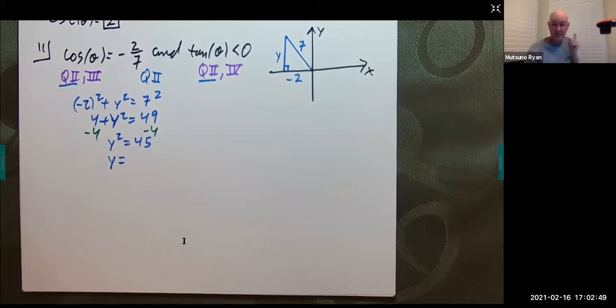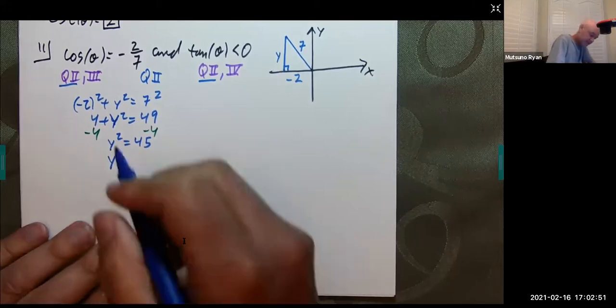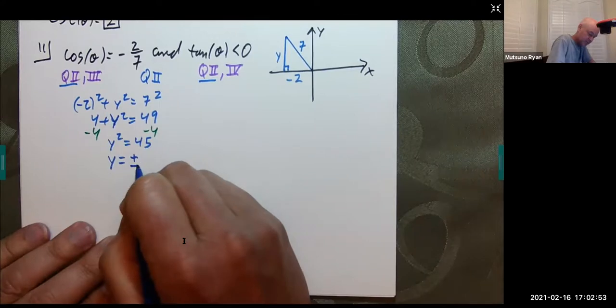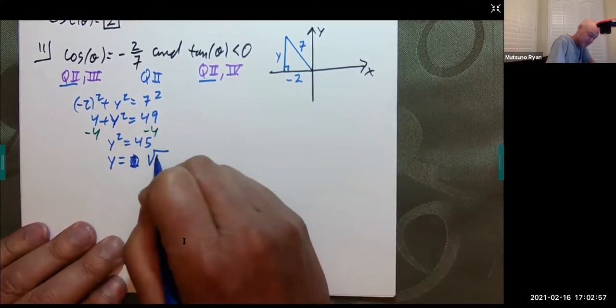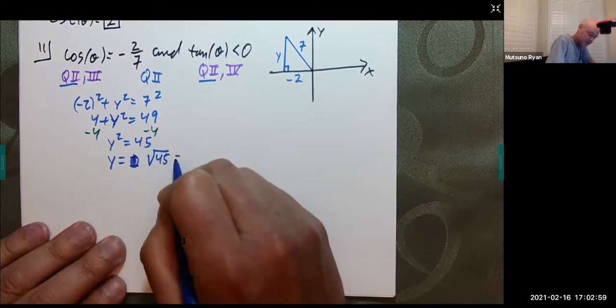In quadrant 2, y is positive. So this is going to be the positive square root. Do it out of habit now. Square root of 45, which we can simplify into 3 root 5.